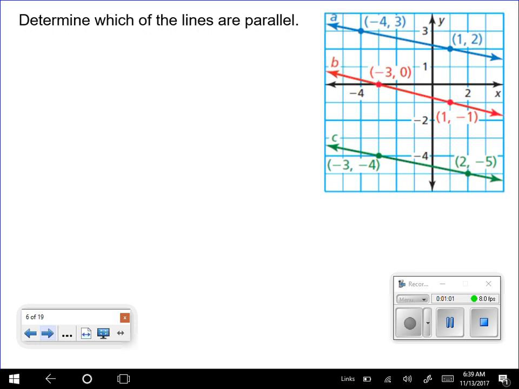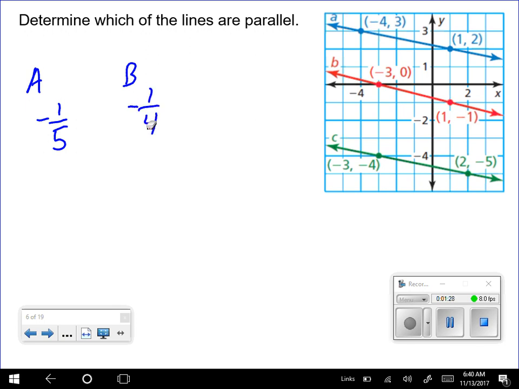So we looked at this example and we said, all right, what are the slopes of these lines? And we can count those out. For line A, which is in blue, we counted 1 down, 1, 2, 3, 4, 5 over. So we know it's going to be negative 1/5. For the red, or B, we counted 1 down, 1, 2, 3, 4 over, so negative 1/4.